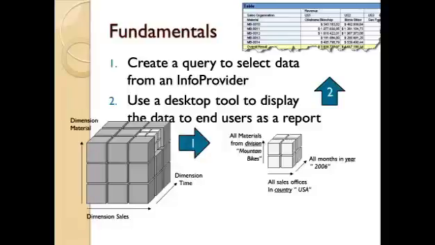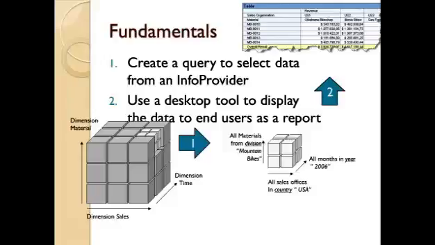This InfoCube has three dimensions, for instance: dimension material, dimension time, and dimension sales organization or sales office. Based on these three dimensions, the data warehouse can store millions, if not tens of thousands, of records.